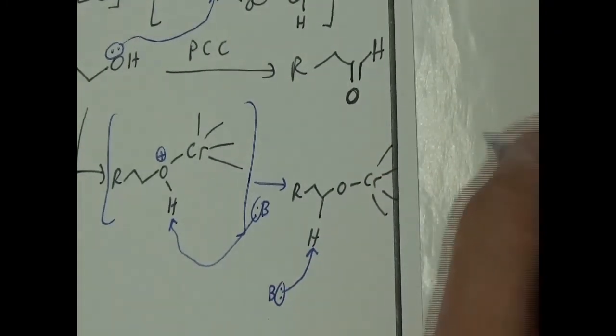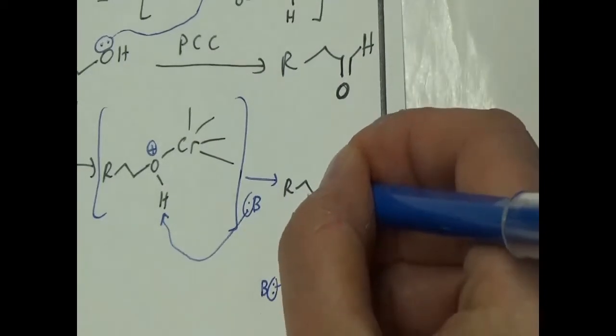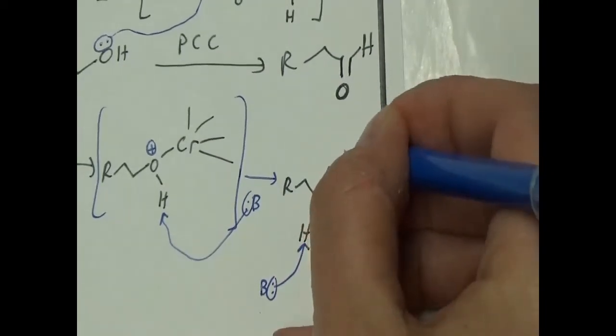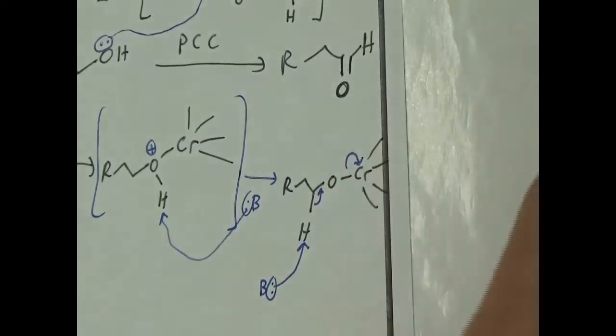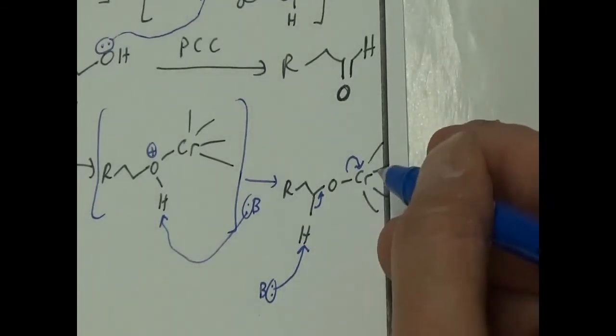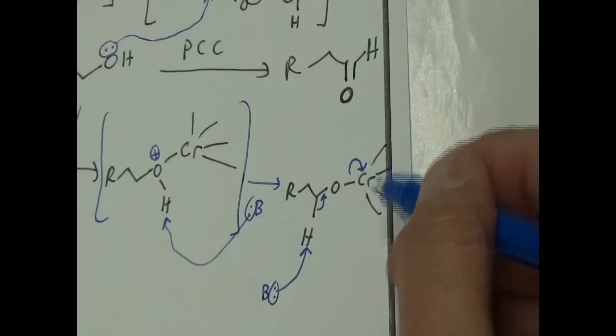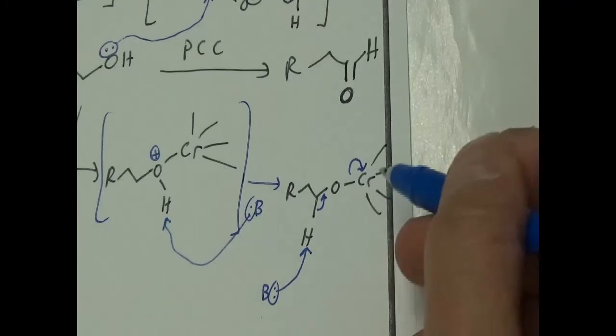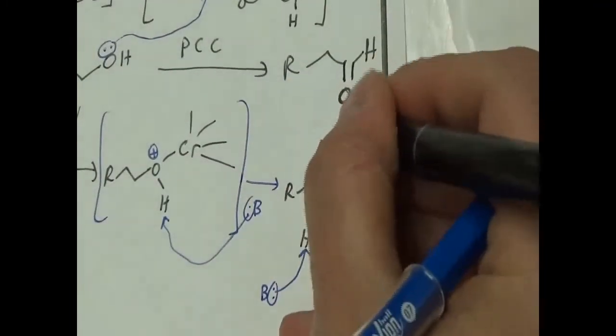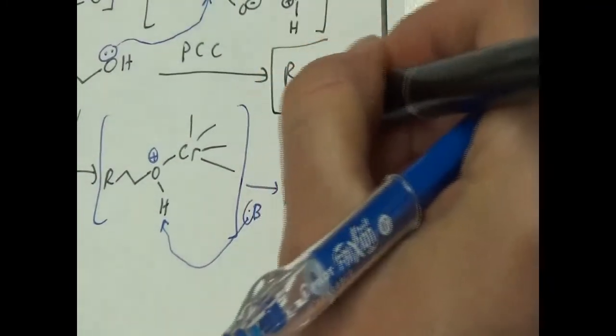So the proton gets removed, now it makes the double bond O, breaks off the oxygen-chromium bond, and puts electrons on the chromium, which reduces chromium because it's got extra electrons, and that gives you the aldehyde.